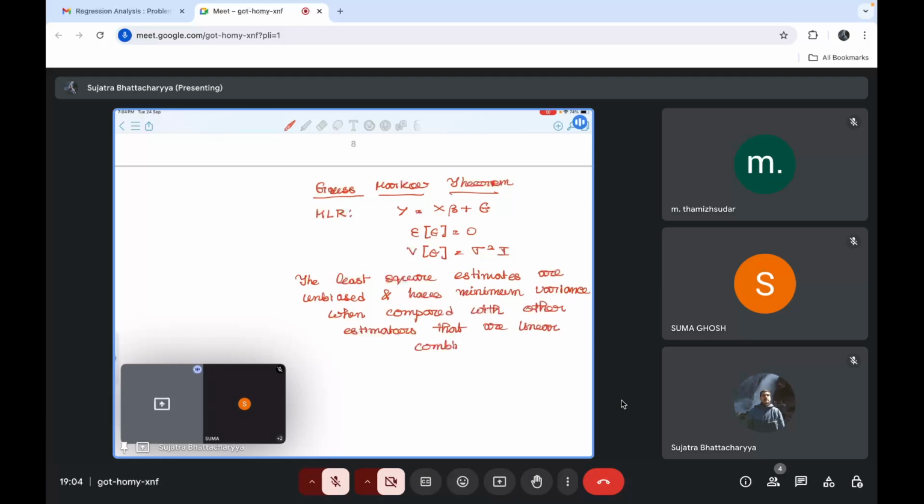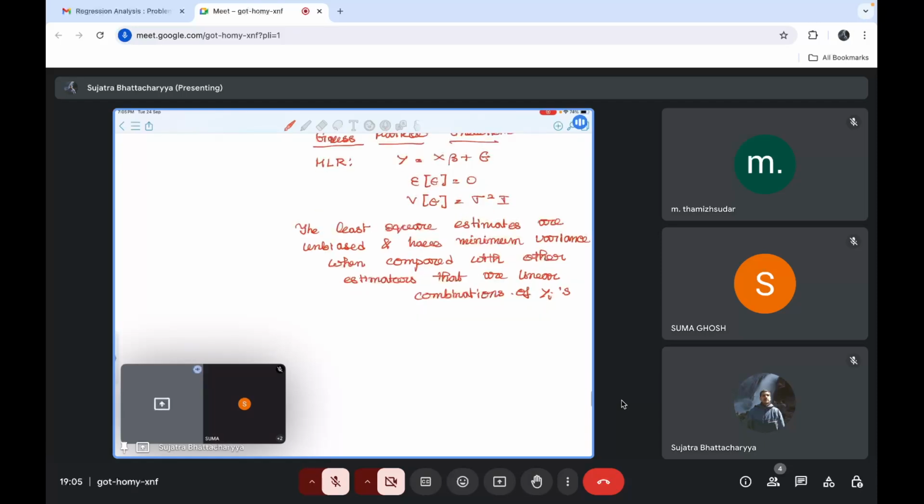So this is a statement which I am just writing from the lecture notes. Okay. So this is linear combinations of Ys.